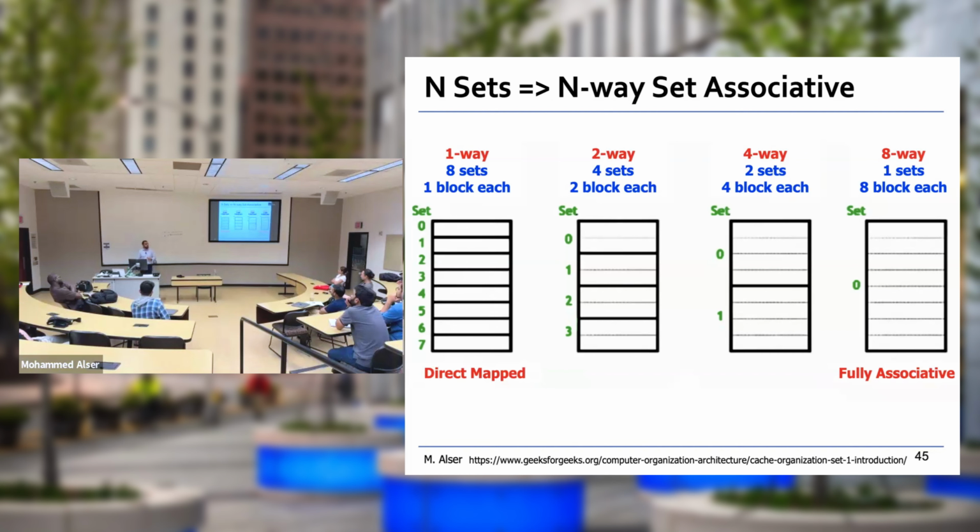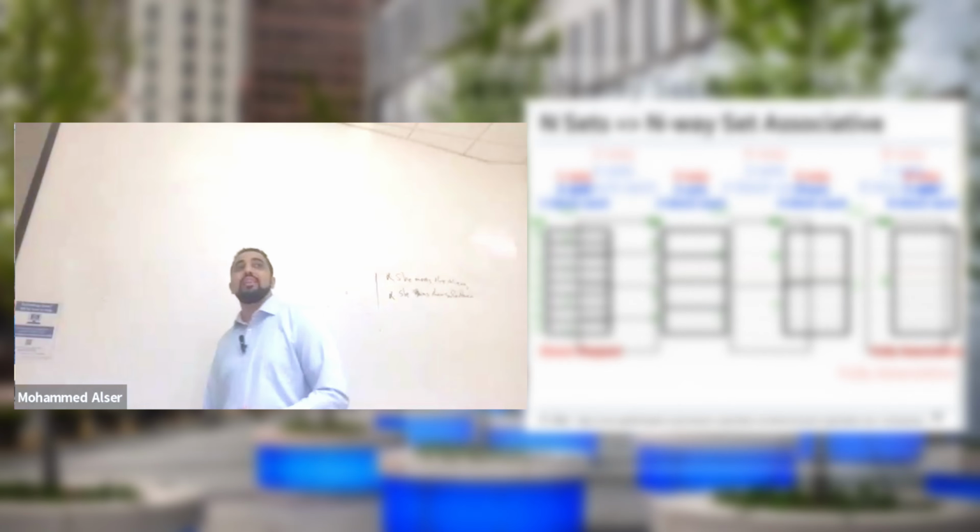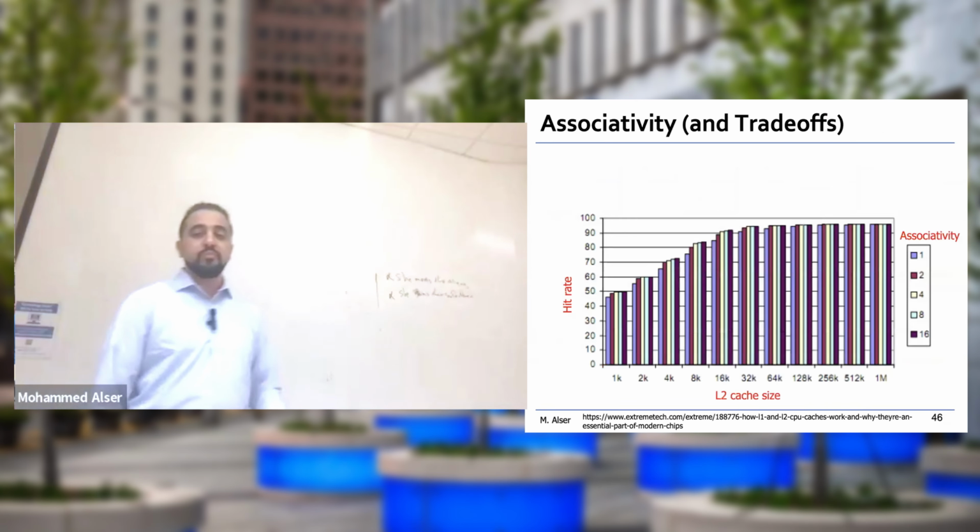Otherwise, we cannot fetch it. Over here, we already know that it cannot be in any of those. It should be only in one of them based on the LSB bits. So it's easy to go to that set and fetch the corresponding block, and that's it. Over there, we have to check really most of these based on the index and the tag bits, and then we can know where the data is.